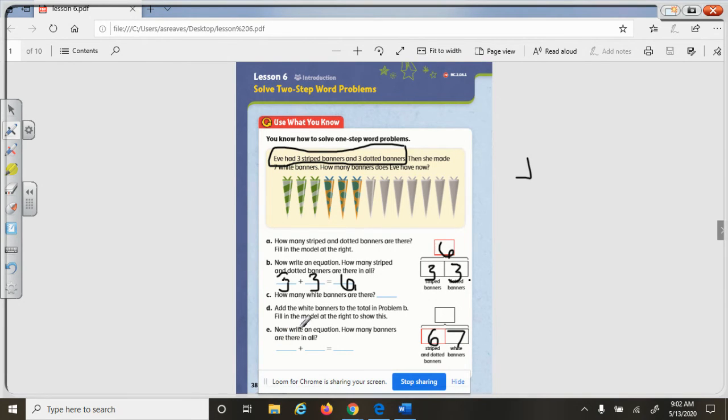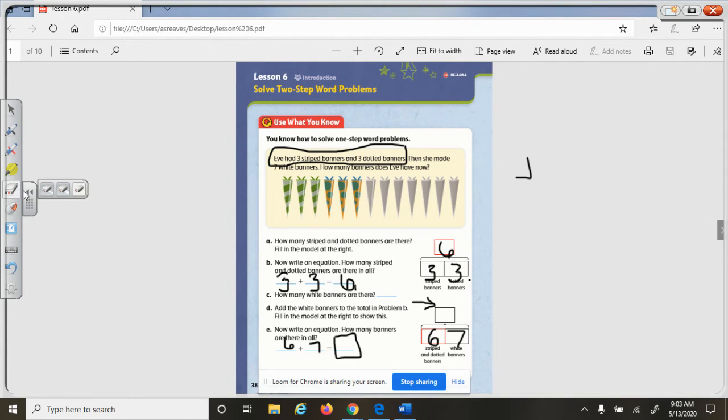If we add 6 striped and dotted banners plus 7 white banners together, this is where you're going to find your missing number. So I want you to add 6 plus 7, find your answer here, and that's also going to be your whole number of banners, so don't forget to put it here in your box for your whole number.